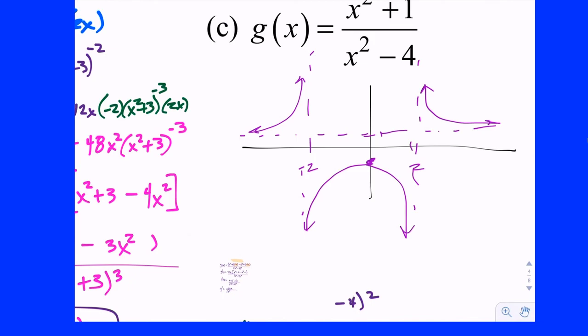And it's concave down from negative 2 to 2. Where did the curvature change? The only place it changed was at the vertical asymptotes, which means I know there's no inflection values. I could have answered the questions like that without doing all that wonderful, awesome, delicious, good for me algebra.